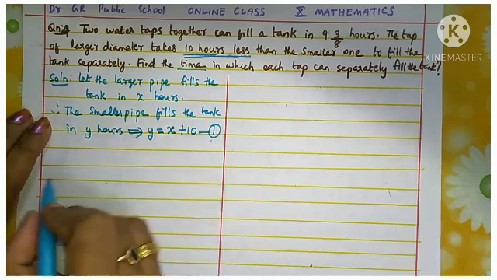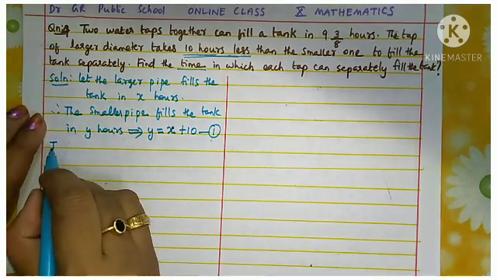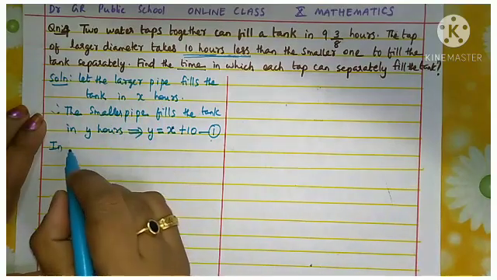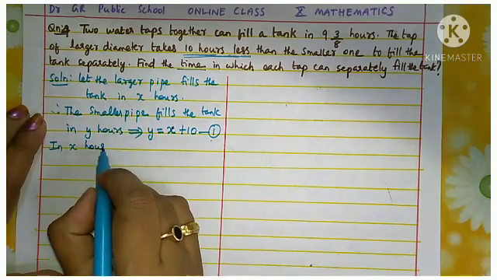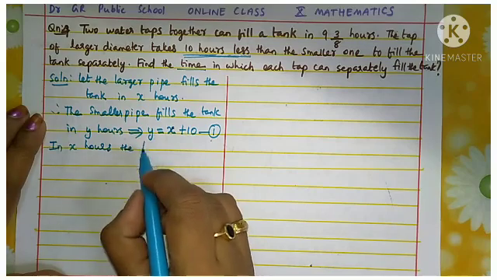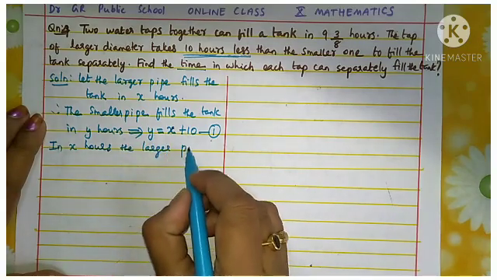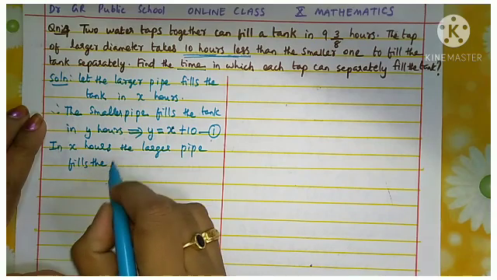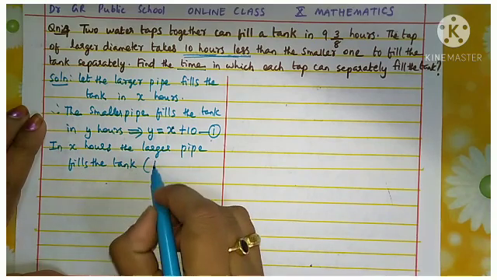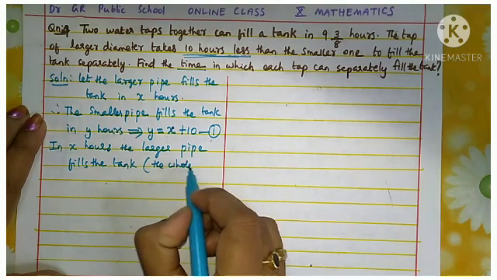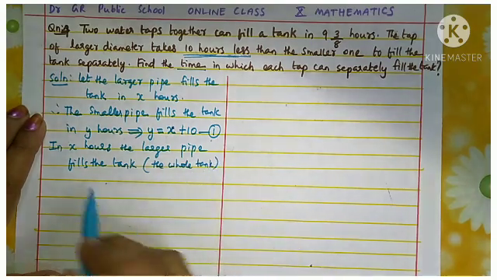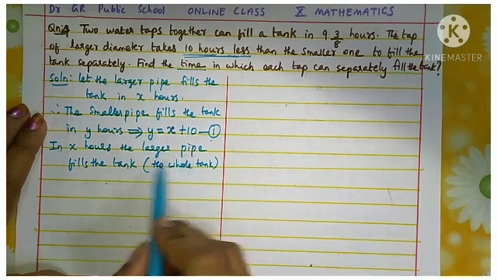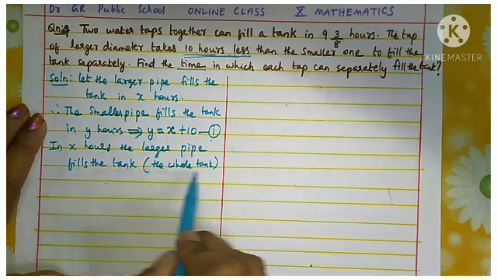Now you see, the larger pipe is filling the tank in x hours, which means in these x hours the larger pipe fills the whole tank. Understood? So this is our assumption: in x hours the larger pipe fills the tank completely.